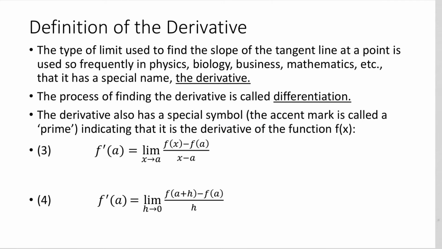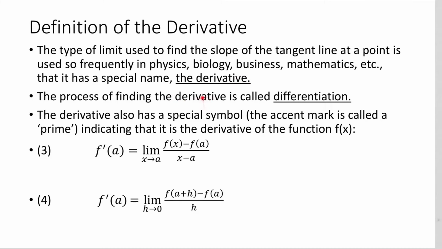So now let's talk about what we mean by a derivative. This type of limit is used so frequently in disciplines such as physics, biology, business, math, and engineering that it has a special name, and we call it the derivative.